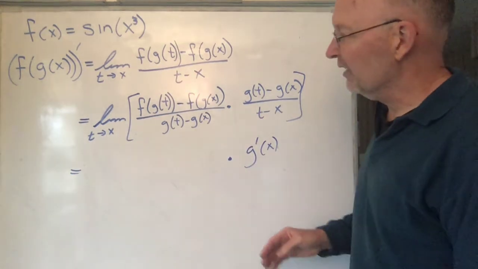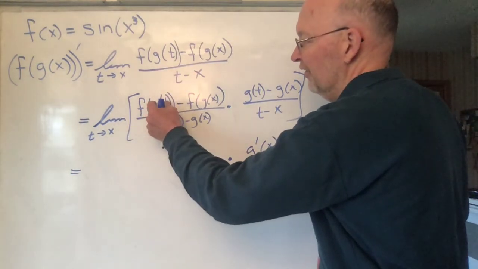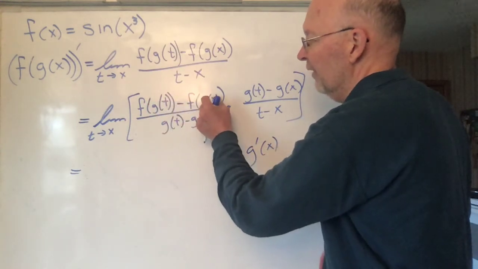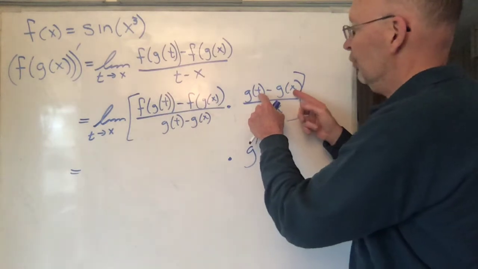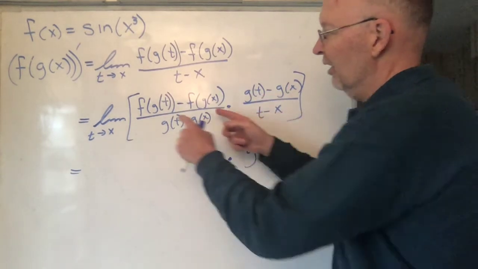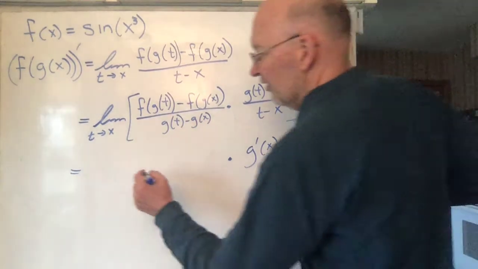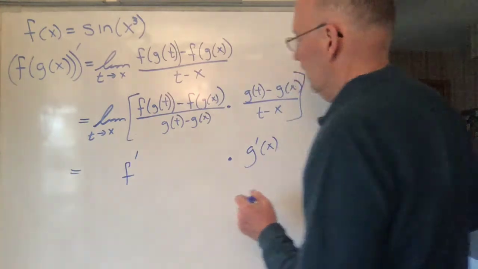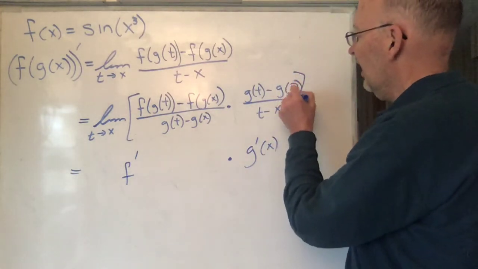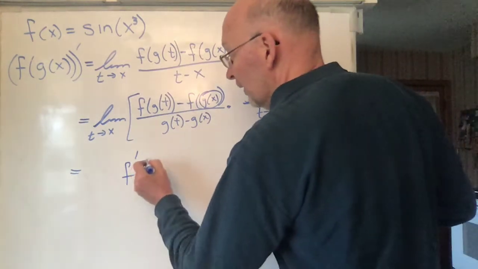This is the same thing essentially because I got f of something here minus f of something else here, and whatever these two things are, you find them downstairs. So it's the derivative of f evaluated not at x like this one was, but evaluated at g of x is really what you've got there.